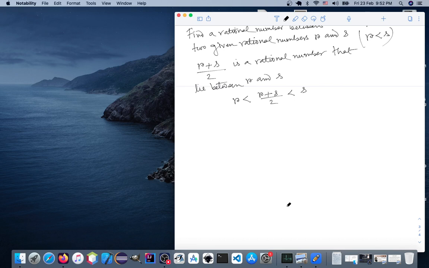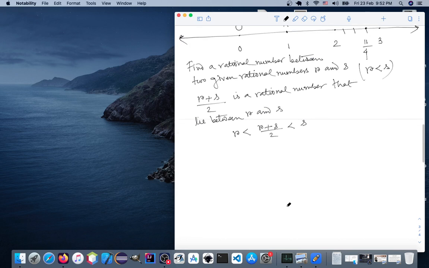Now obviously we are assuming that R is less than S. Now what about if we are asked to find many rational numbers between any two given rational numbers R and S?